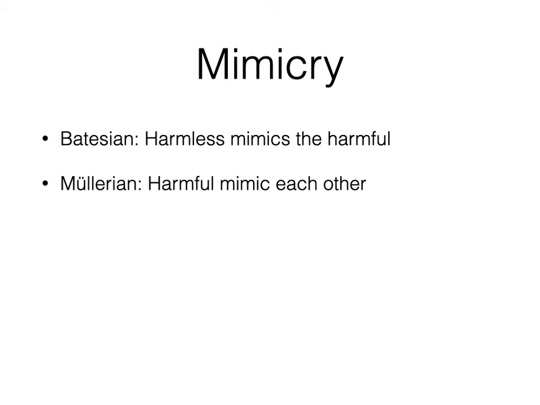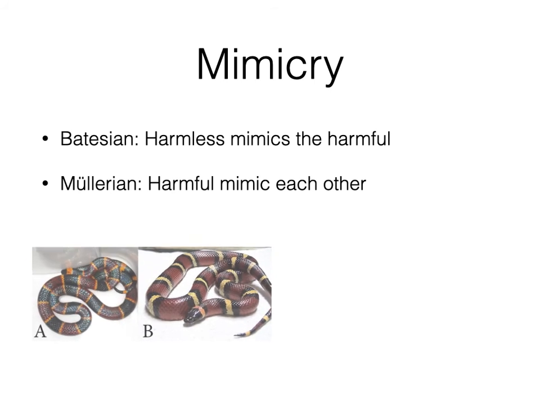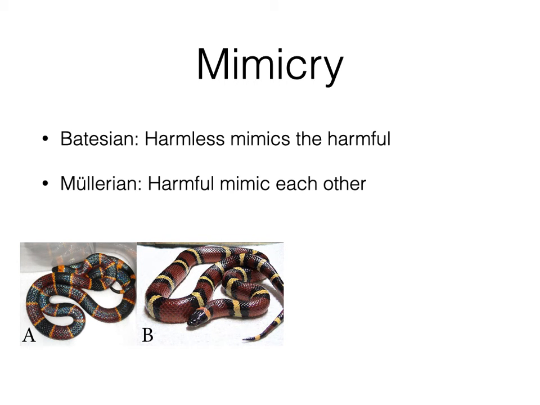Okay, so to bring this back and give examples, another example of Batesian mimicry is here between these two snake species. One of these snake species is a highly venomous snake, and the other is harmless. Some of you may know which is which.